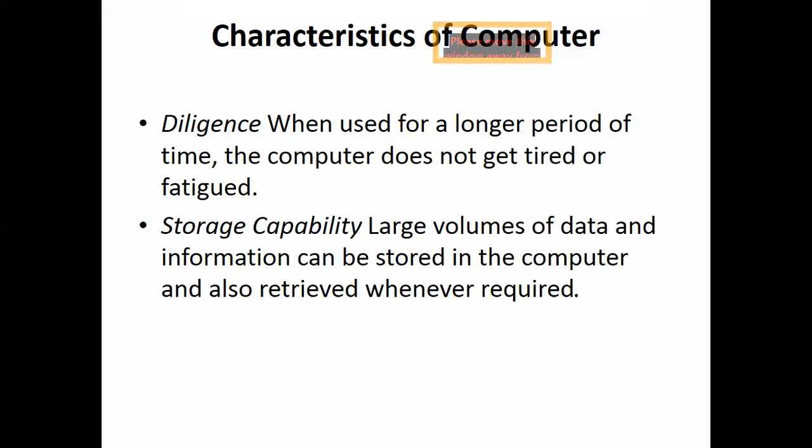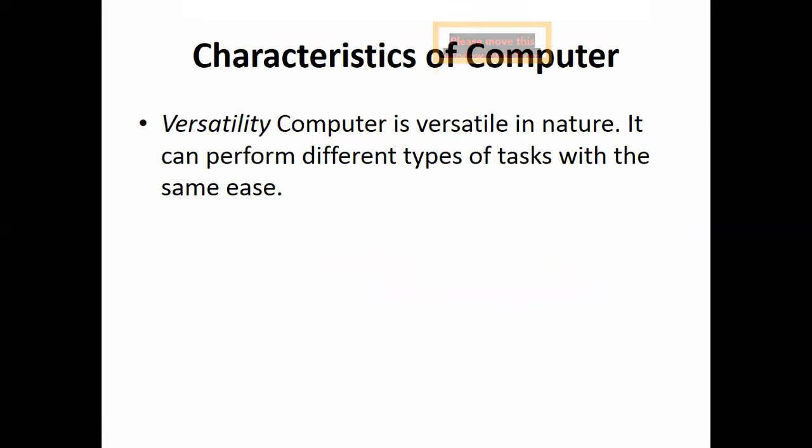All right. The last characteristic is that computer systems are versatile in nature. Now, what does this mean? It means we are able to perform different tasks with the same ease, same amount of effort.